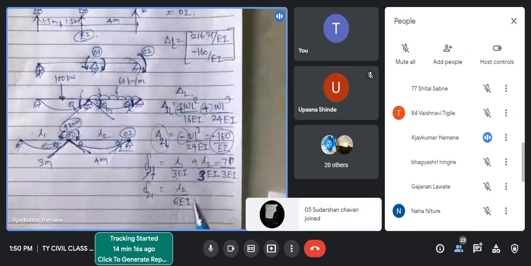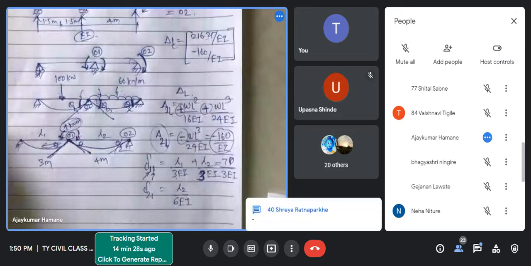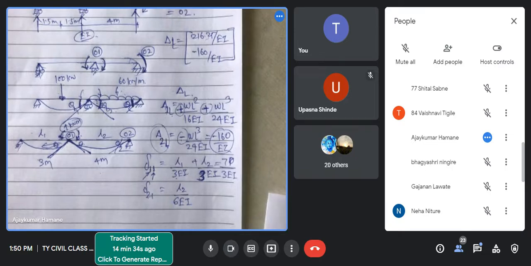Now the sign convention, minus or plus here? This delta 2 1 is minus or plus? Once again, minus or plus?